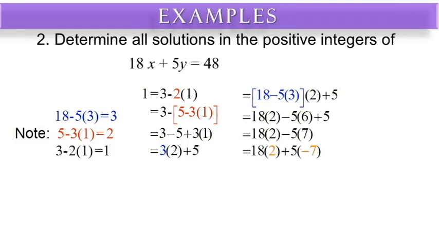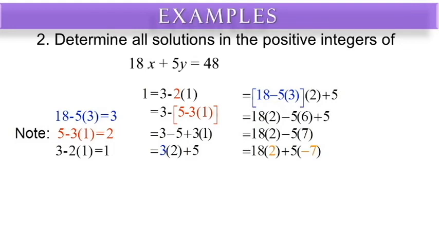Again, substitute the 3. So we have equals the quantity 18 minus 5 times 3, times the quantity 2, plus 5. Then equals, substitute 2, so we have 18 times 2 minus 5 times 6 plus 5. And then combine. So we have 18 times 2 minus 5 times 7.